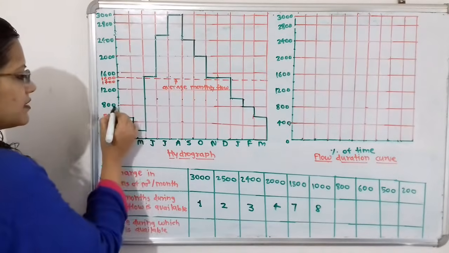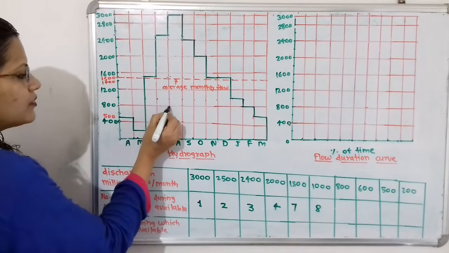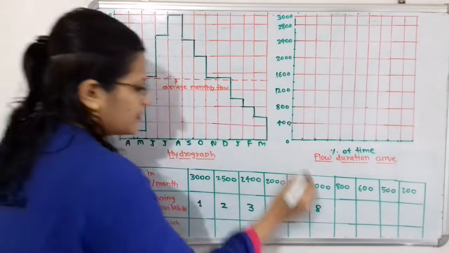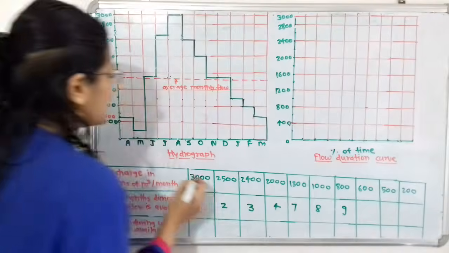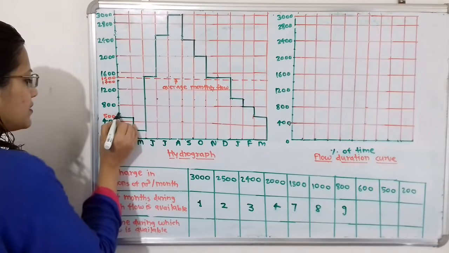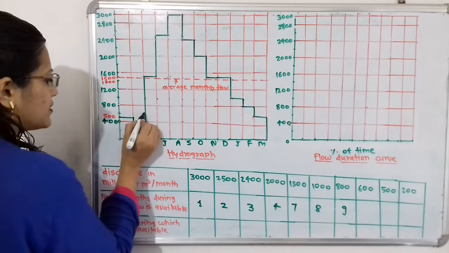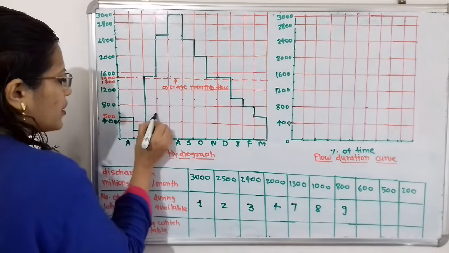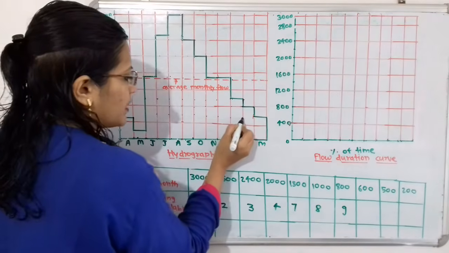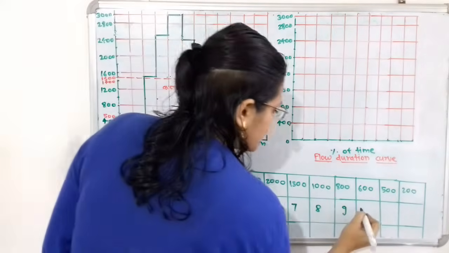Then for 800, 1, 2, 3, 4, 5, 6, 7, 8, 9. Then for 600, in between this 400 and this 800 there is 600. So here 1, 2, 3, 4, 5, 6, 7, 8, 9, 10.